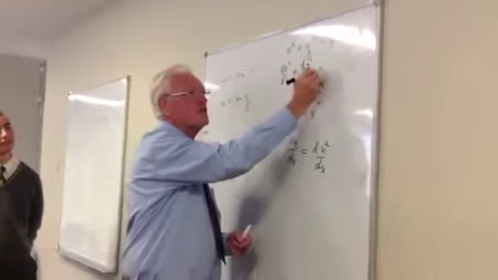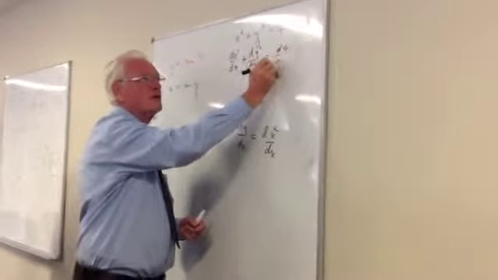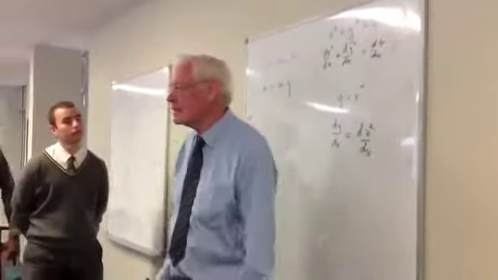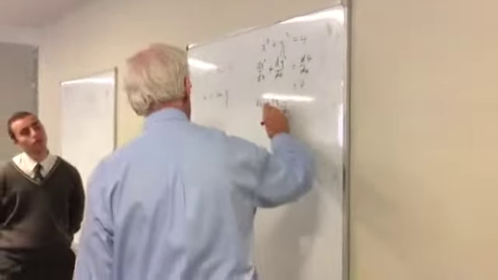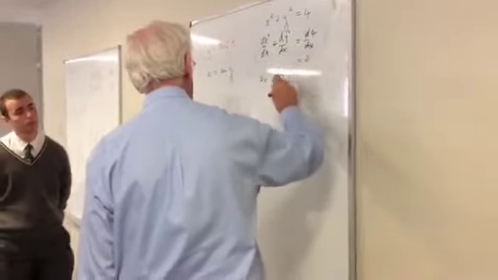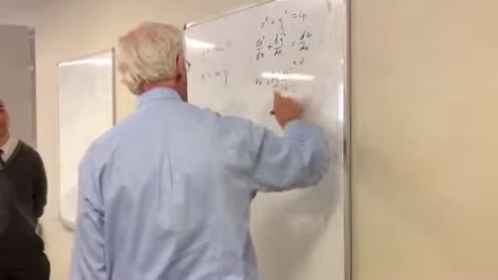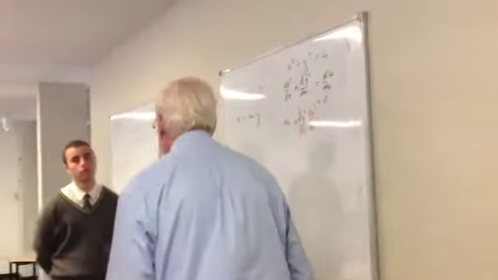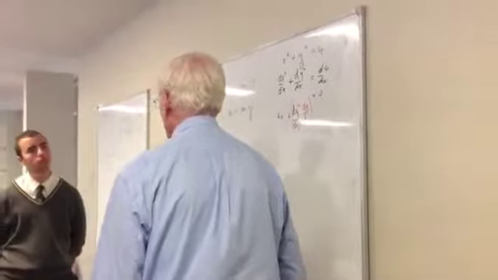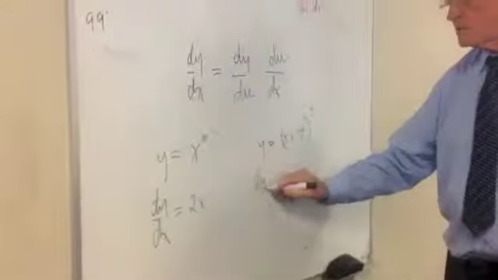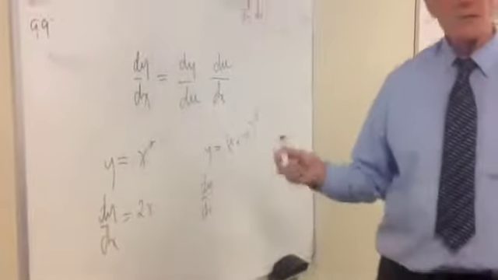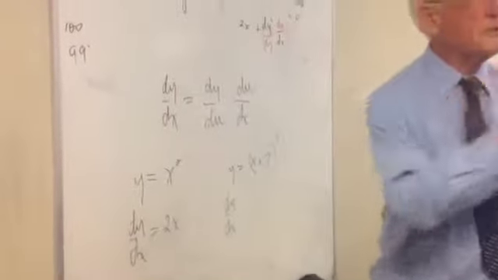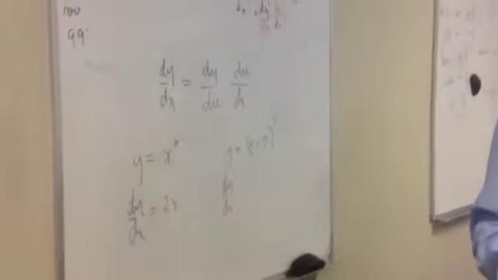I differentiate 4 with respect to x. Is this hard? Yes. To differentiate y squared with respect to x, you differentiate with respect to y, times dy dx. We've got to use this a lot actually. Have you done that before? Yes. Have you ever seen that before? Seen it, but never did it. Now, you know how to do that, but you don't know what you're doing.